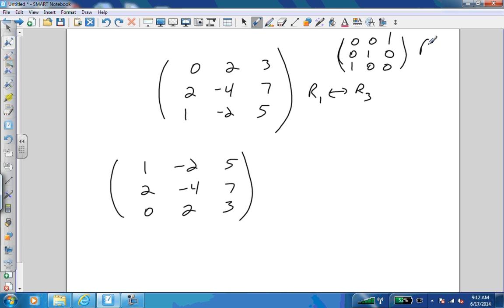That's called a permutation matrix. Remember, the inverse of a permutation matrix is itself. So if we want to continue row reducing this, we would need a 0 here, so we would need a negative 2, so our row 2 we would get from doing negative 2 times our first row plus our second row.